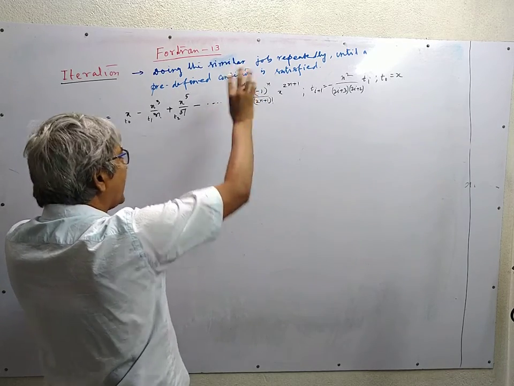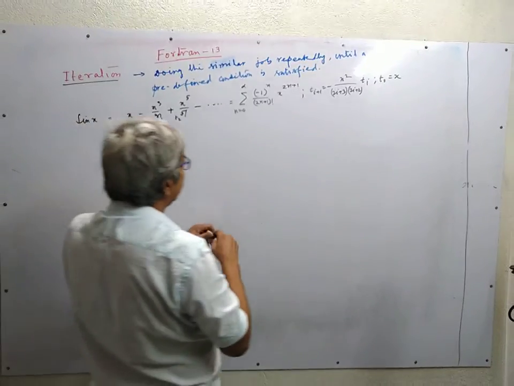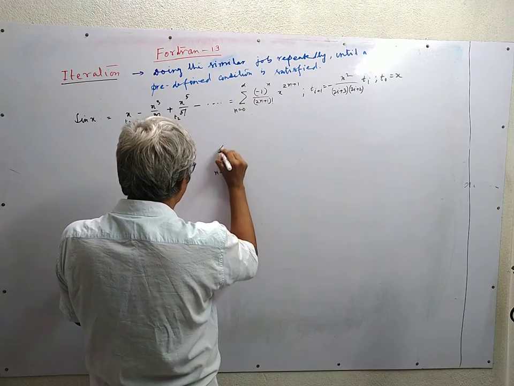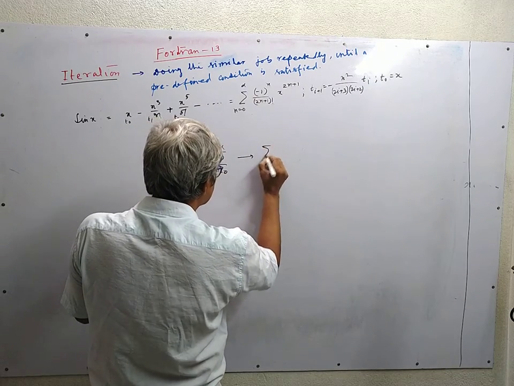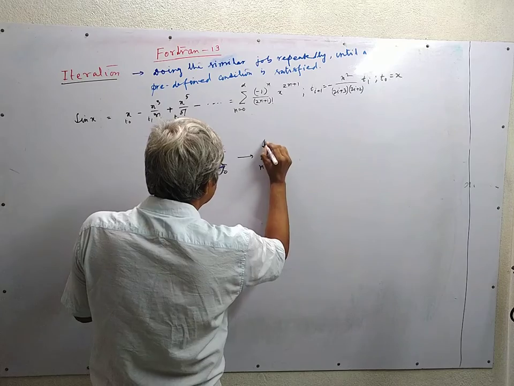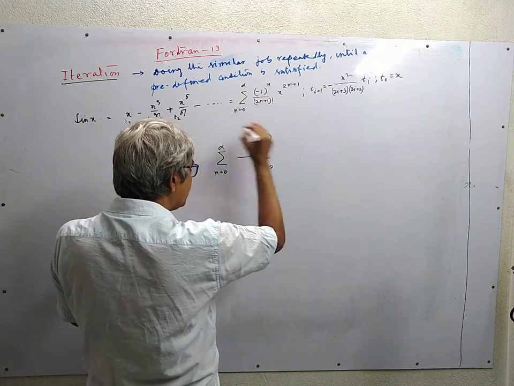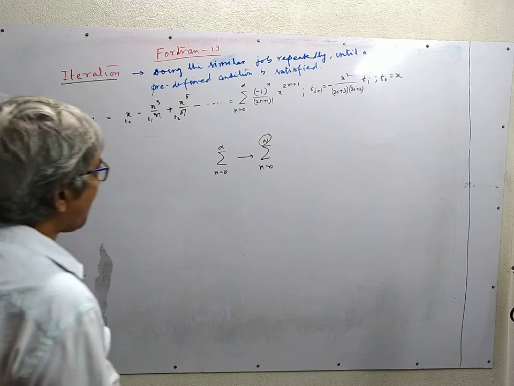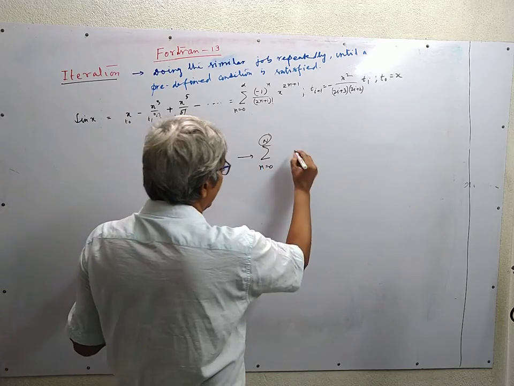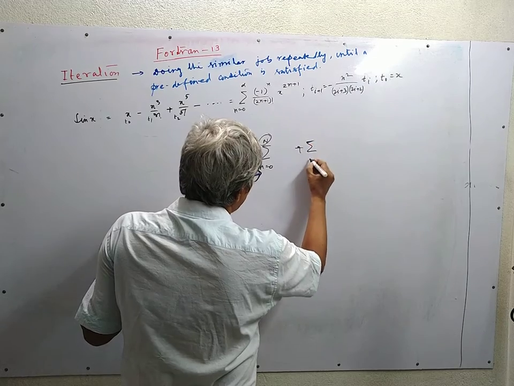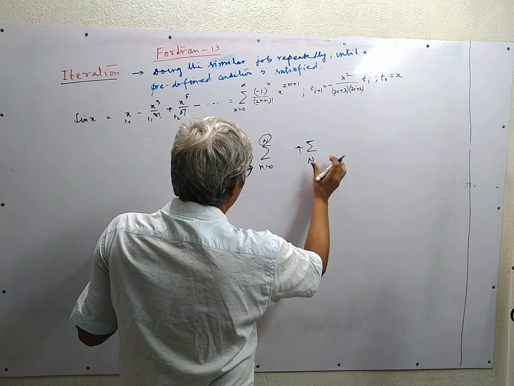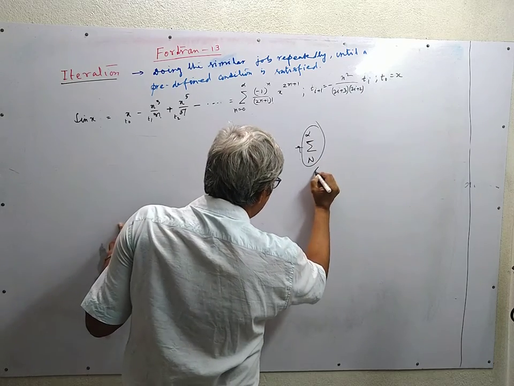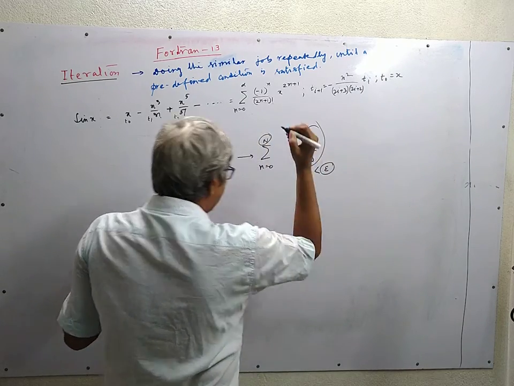We are to take a finite number of terms, so that in reality this infinite sum is reduced to this one, and we are to choose capital N in such a way that the addition of the terms left behind, that is the terms from n to infinity, contributes less than some accuracy level.